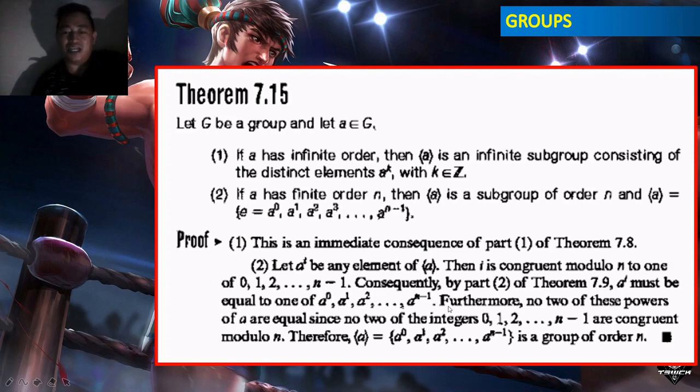Furthermore, no two of these powers of a are equal, since no two of the integers from 0 to n minus 1 are congruent modulo n. None of them are congruent, because they are all smaller than n. Therefore, the cyclic subgroup generated by a is a group of order n, with n elements from a to the power of 0, which is the identity, up to a to the n minus 1.